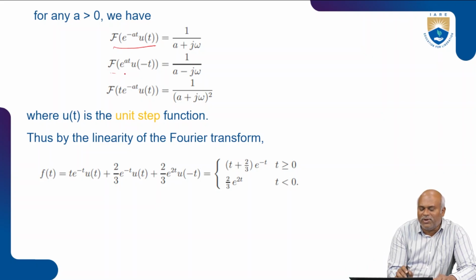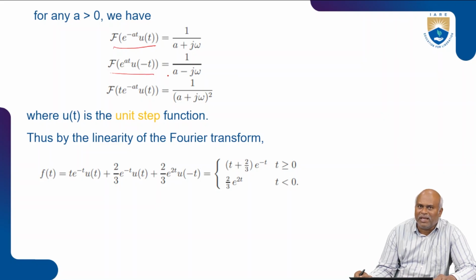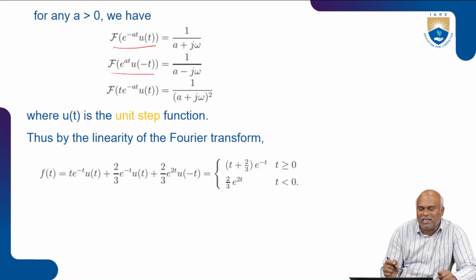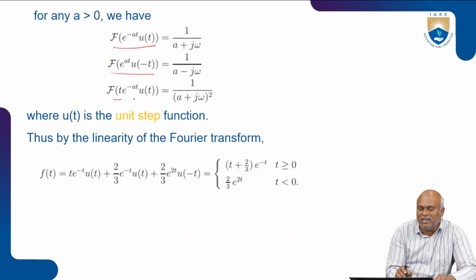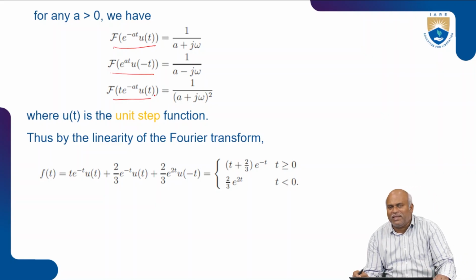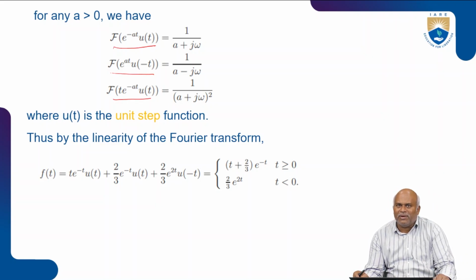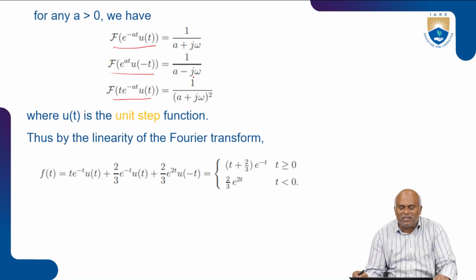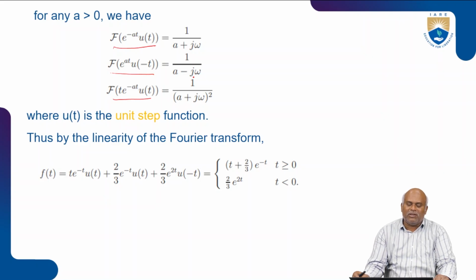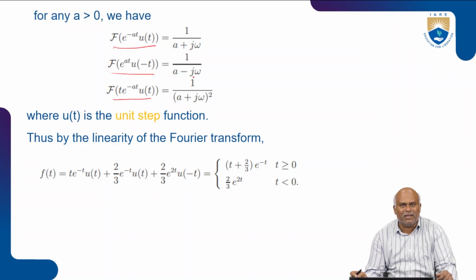Another case, the Fourier transform of e^(at)u(-t), that is the negative direction of the unit signal, is 1/(1-jω). Another case, if we multiply by t, te^(-at)u(t), that is represented as a differential case of the formula, 1/(1+jω)², where u(t) is called the unit step function.